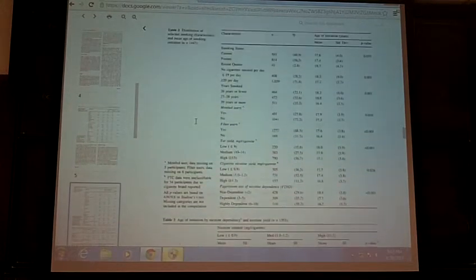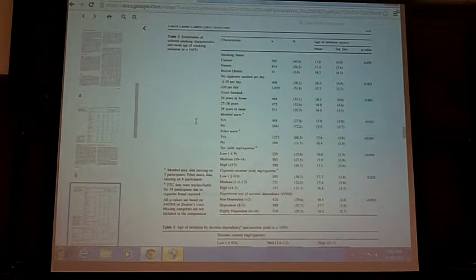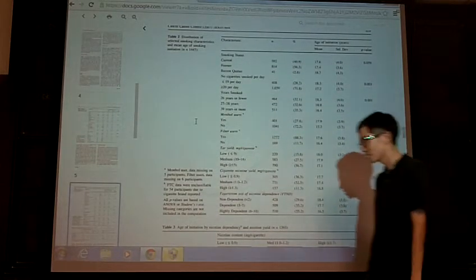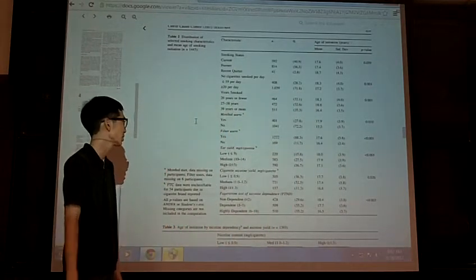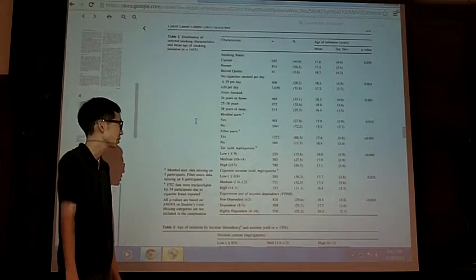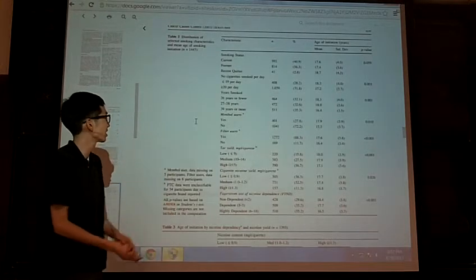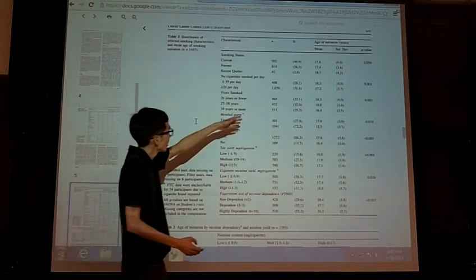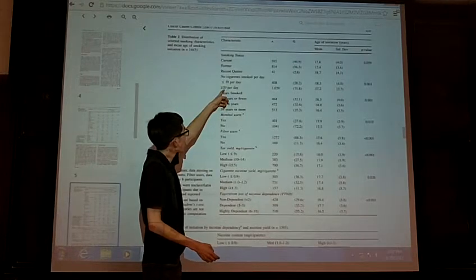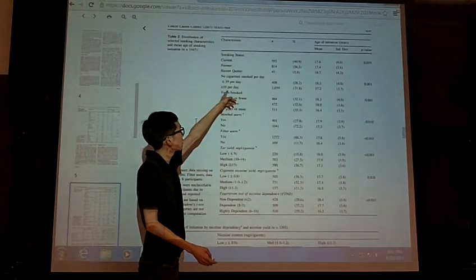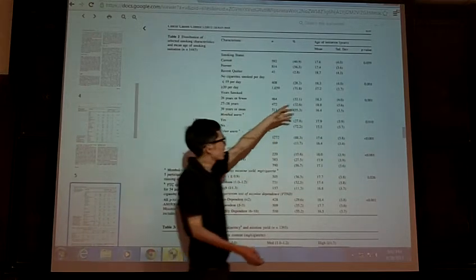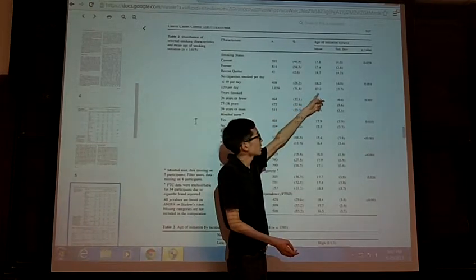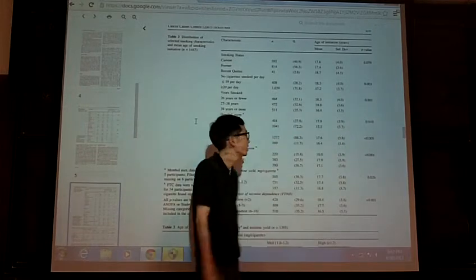Okay, and then over here, this table is asking, are the smoking habits related to when someone started smoking? And so this is kind of interesting. If you smoke over a pack a day, so 20 or more cigarettes in a day, the average age at which they started smoking is 17.2 versus 18.3 for the others.